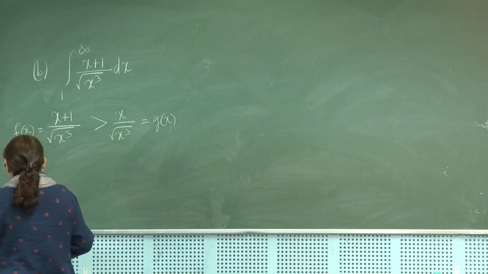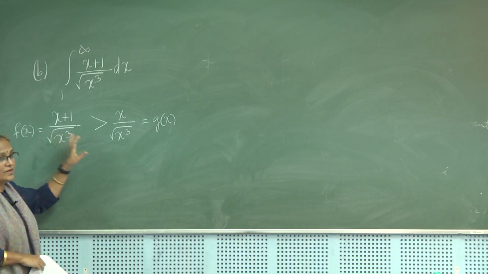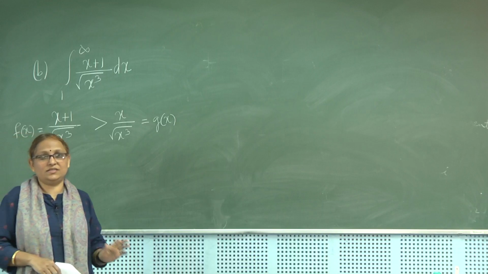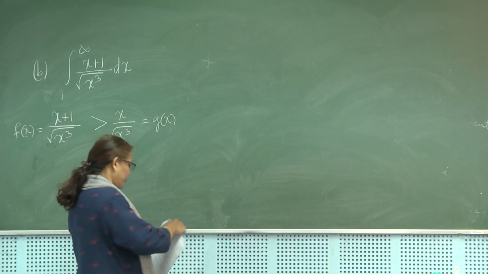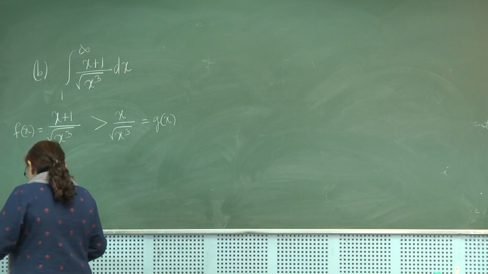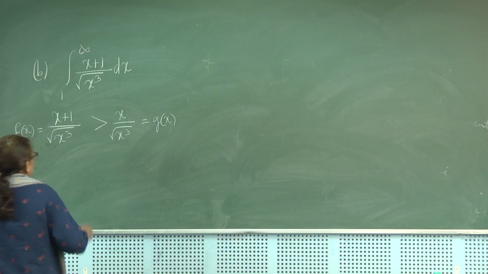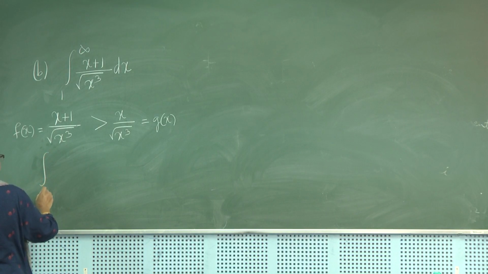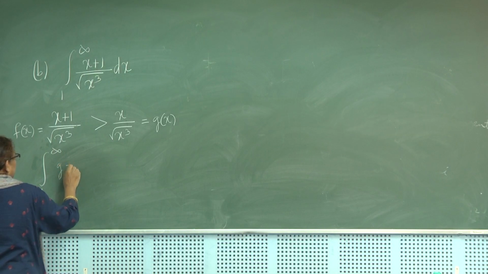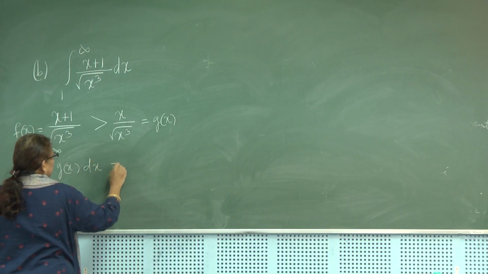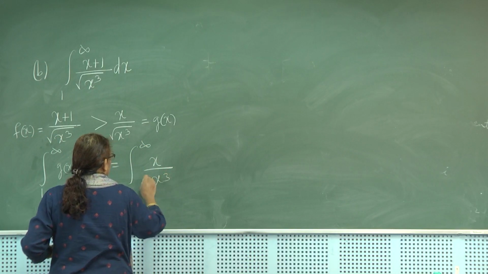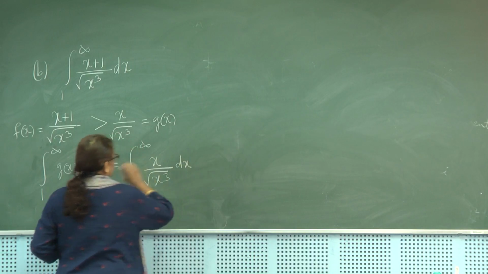The only thing is that we have to verify whether it fulfils the criteria of the second comparison test. Now we shall verify the convergence of this improper integral g x dx, that is, the integral 1 to infinity of x divided by square root of x cube dx.